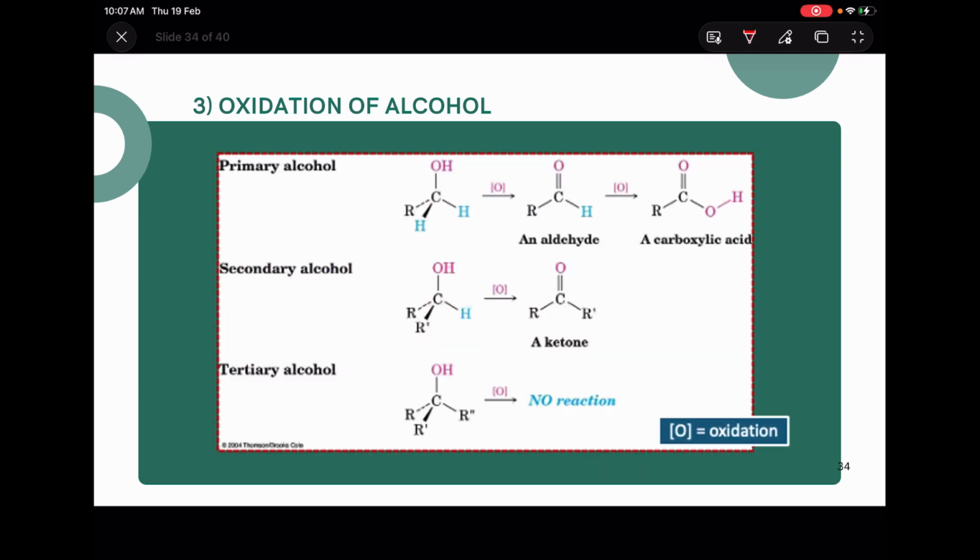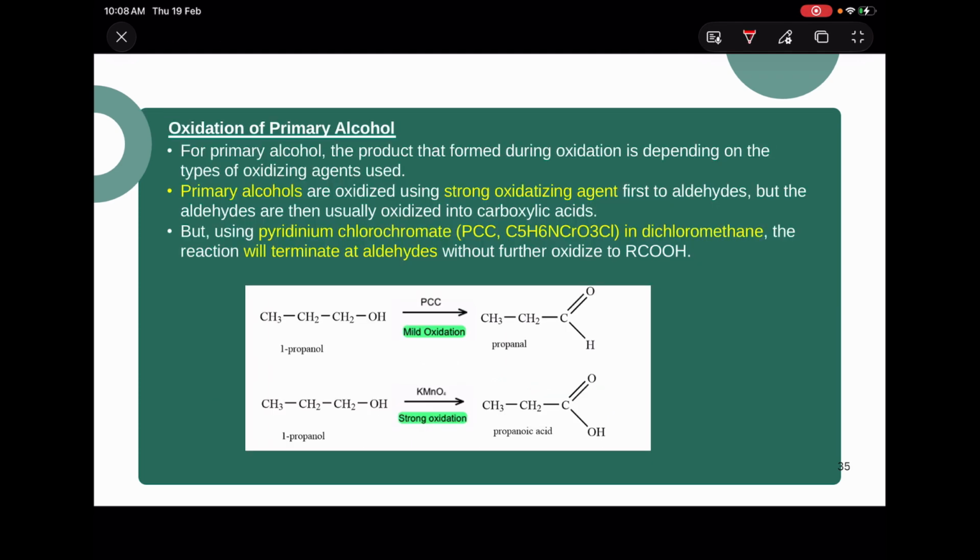Okay, so primary alcohol, either you use the strong oxidizing agent or the weak oxidizing agent, it will give different products. For the oxidation of primary alcohol, if you can see the structure here, if you use the mild oxidizing agent, which is PCC, the final product is from alcohol to aldehyde.